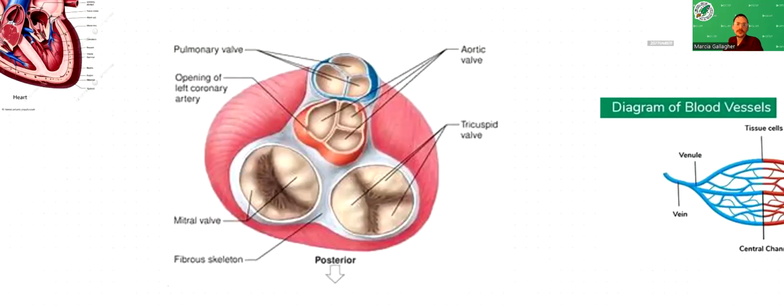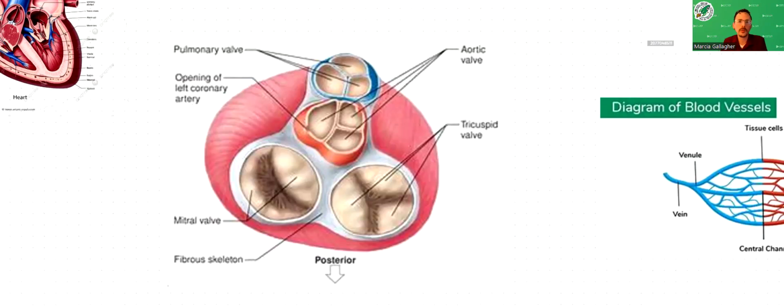Okay, so the valves of your heart. You have your tricuspid valve here, and it's called that because it has three cusps. And your bicuspid valve, which are in your left and right, which are between your ventricles and your atriums.